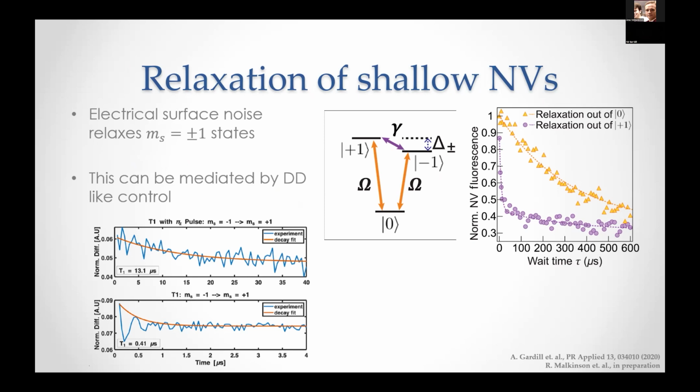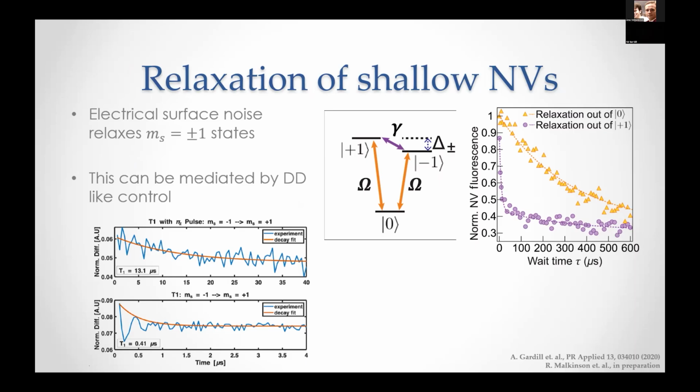And you show the relaxation out of zero to either plus or minus one, but they're not the same. Don't they have different rates? Yes. So what this plot shows is that when you relax out of zero, it's slower than relaxing out of plus one. No, sorry, maybe I was not clear, but it's not me, it's Shimon's paper.